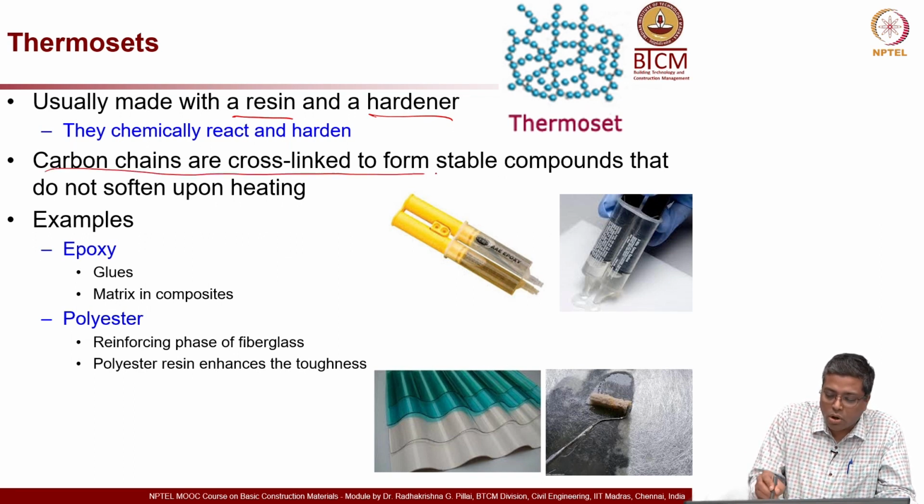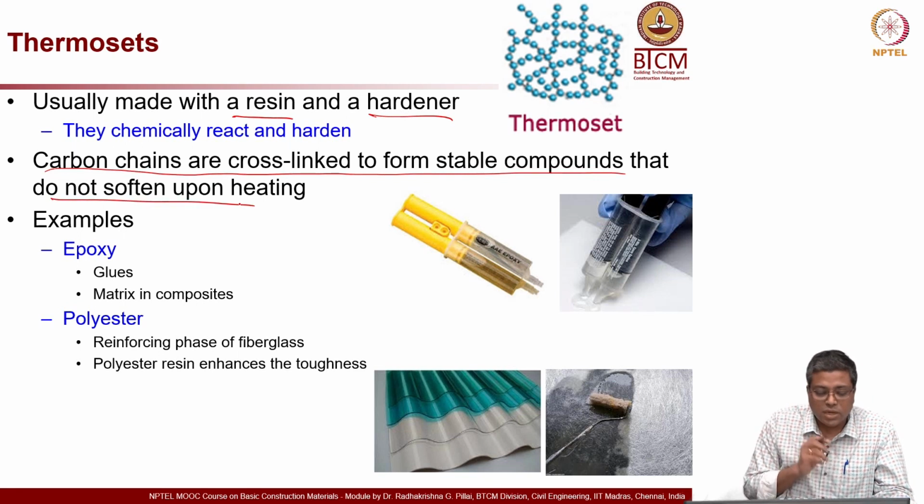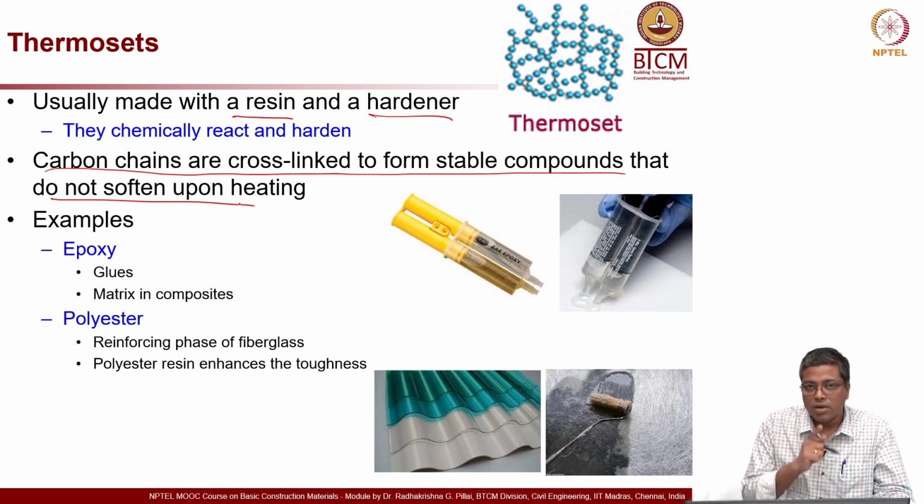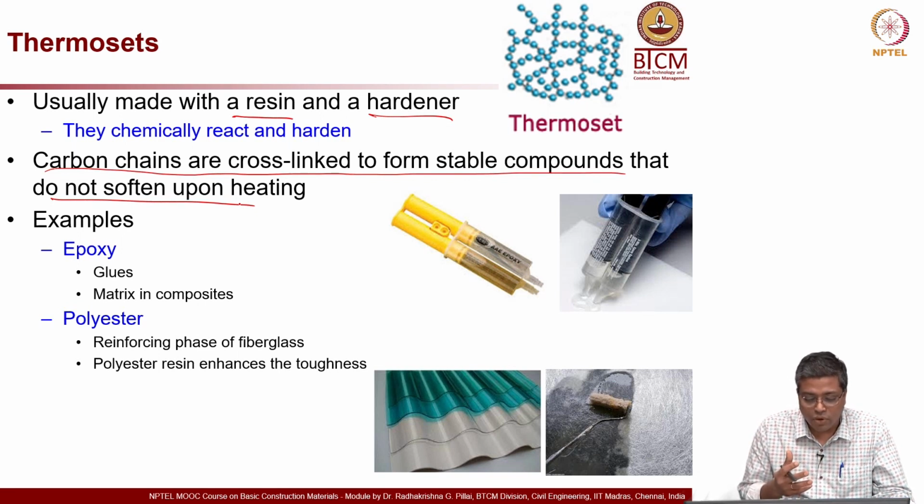Carbon chains are cross linked to form stable compounds that do not soften upon heating. In the case of thermoplastics, we saw that when they get heated, the secondary bonds between the chains are broken and then the material starts flowing, or the viscosity decreases.